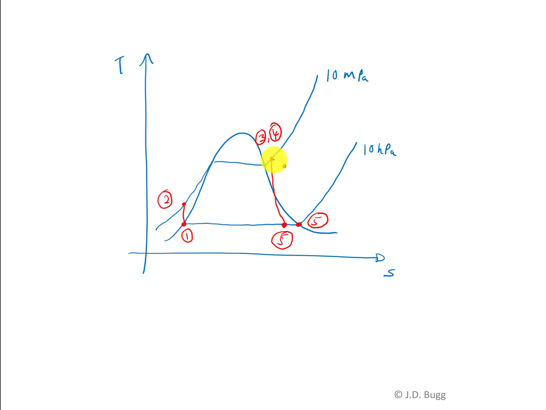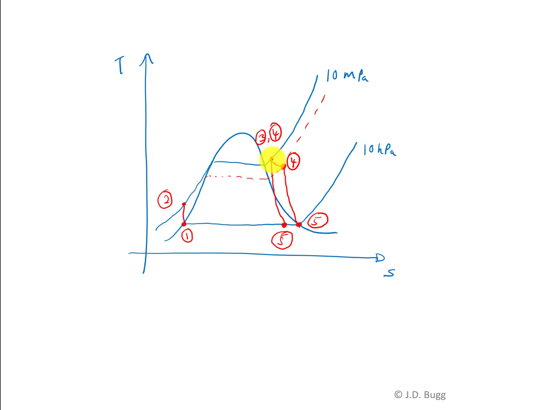So this process from 3 to 4 is the throttling process. That's a line of constant enthalpy, even though point 4 has moved down to a lower pressure. There's going to be some pressure now downstream of the throttling valve, which will be the new inlet pressure to the turbine. So our new point 4 is right here, and our new turbine process looks like this.